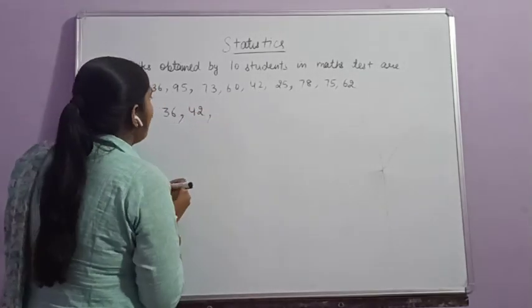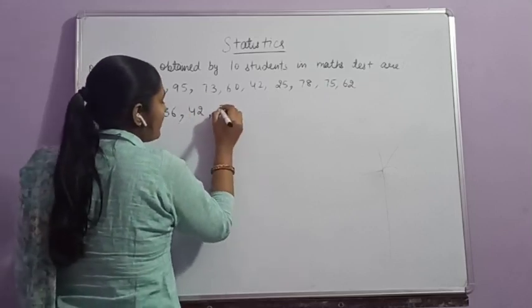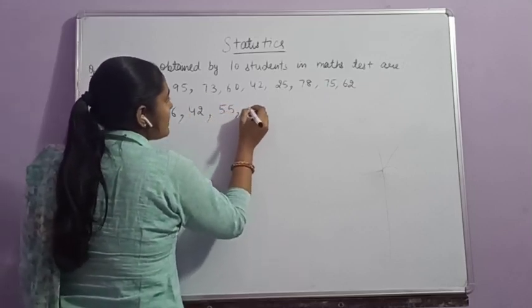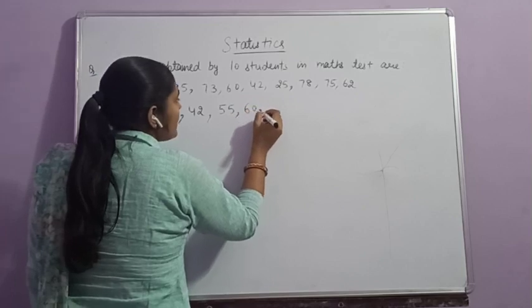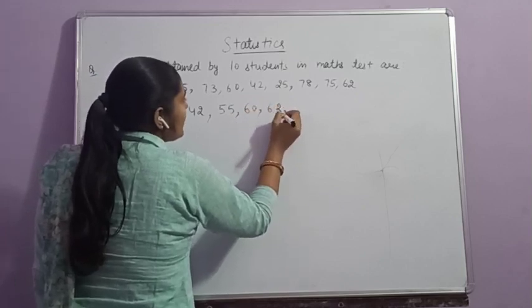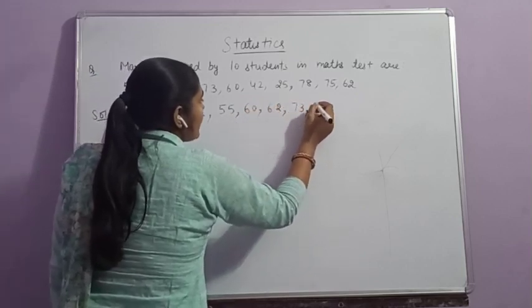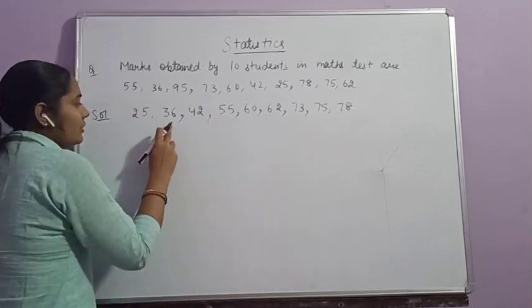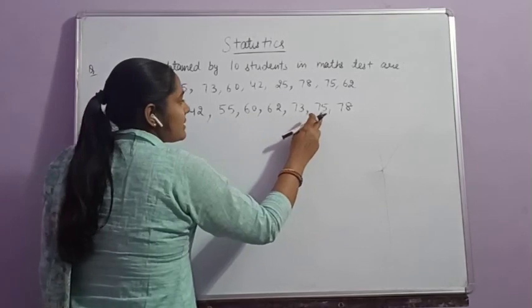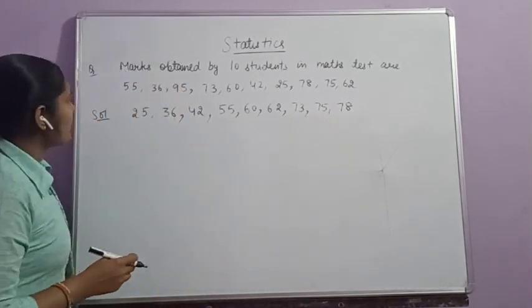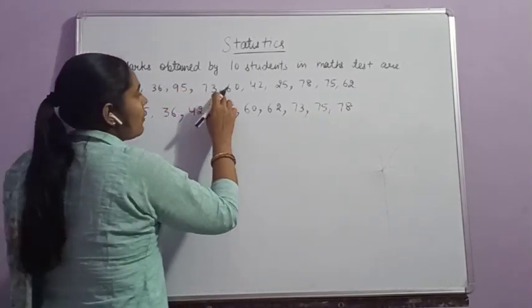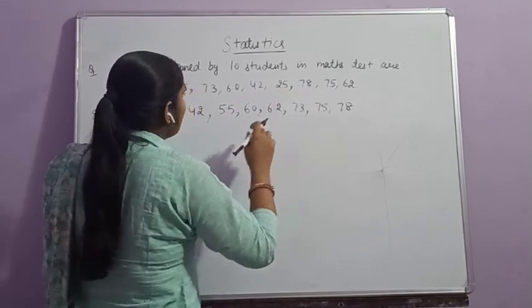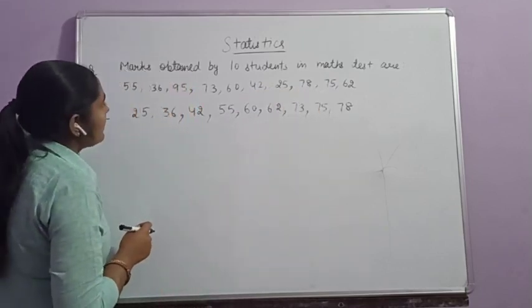Next is 55. Next is 60, 60, 73, 75 and 78. We can count 2, 4, 6, 8, 9. One student is left. That is 95.